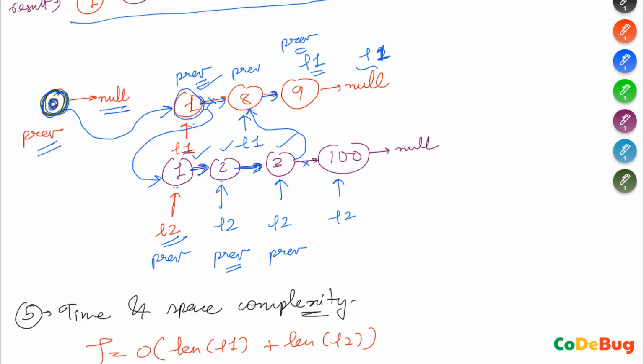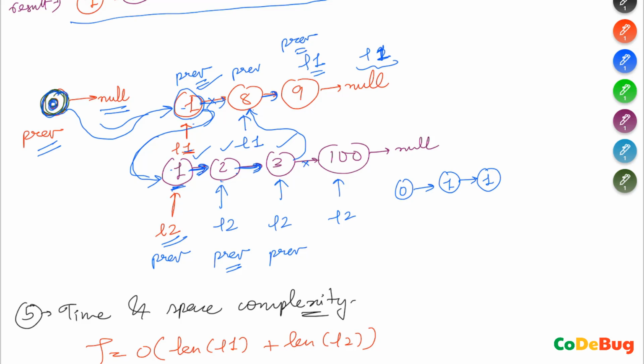Whenever L1 or L2 reaches the null value, we'll come out of the loop. If we write this out, from 0 we went to 1, from 1 we go to this one, then from this one we went to 2.